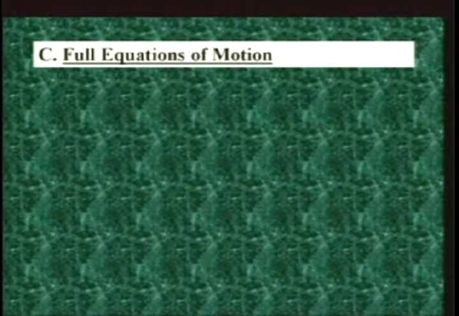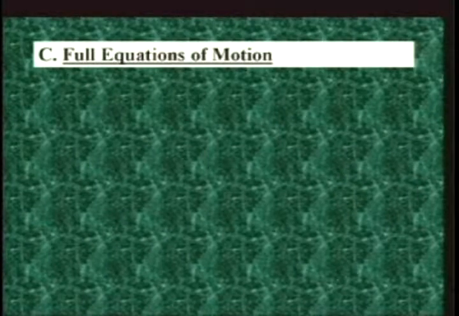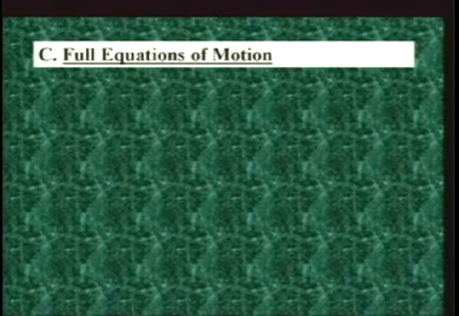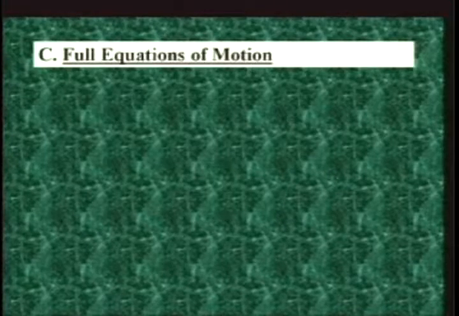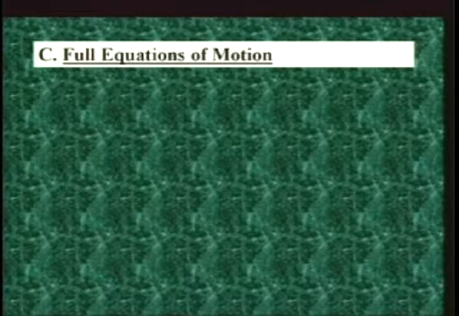This brings us to the full equations of motion. So it was all nice and neat with the first equation there, dealing with the net forces. Now we're going to combine all of this to produce our full equations of motion.